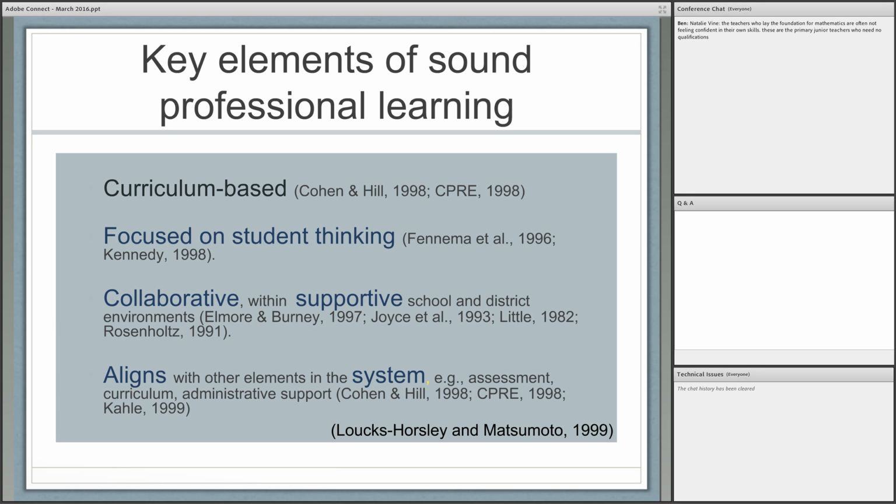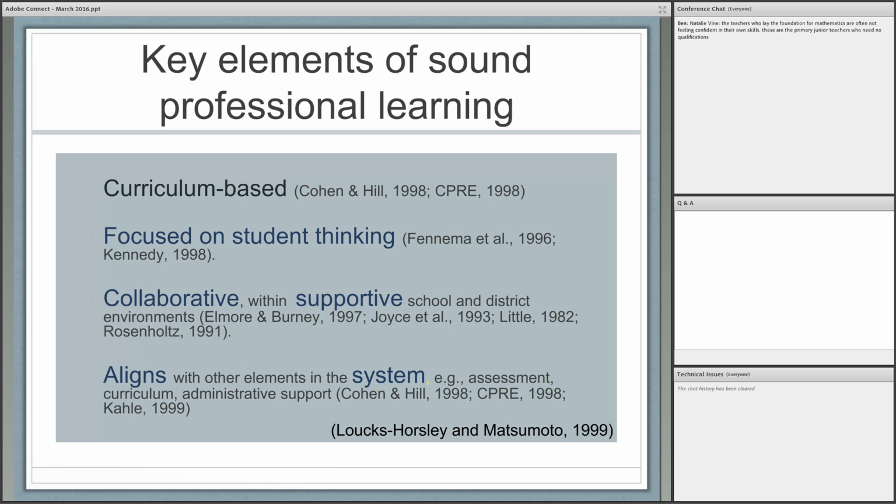So in other words, there should be opportunities within that professional learning to dig deeper into the mathematics. Another is that it should be focused on student thinking, so that we're looking at the student thinking within that professional learning. And by looking at the student thinking, that also helps us with the mathematics. Sometimes I find I'll show videos of student thinking with teachers, and it's a non-threatening way to engage them in mathematical ideas and in other ways of thinking about how to solve problems in different ways.